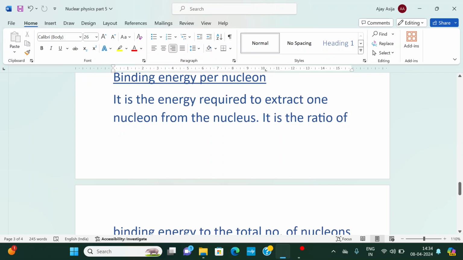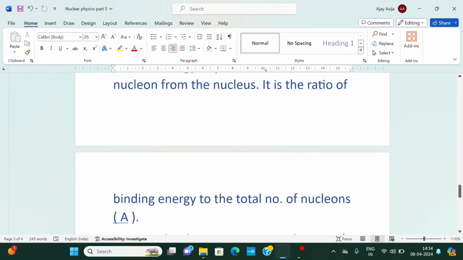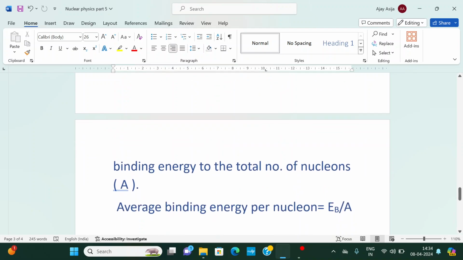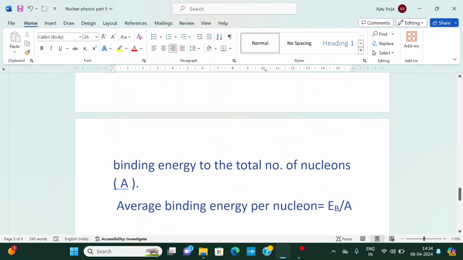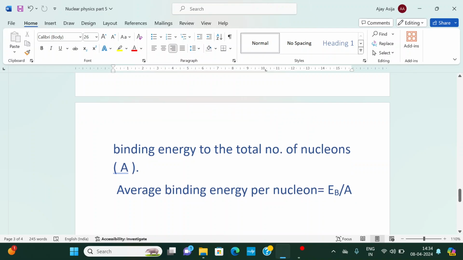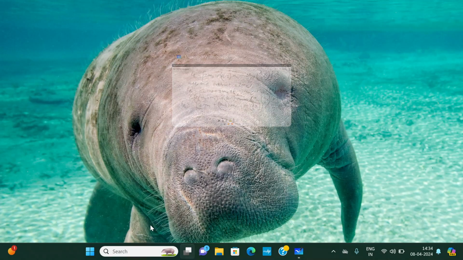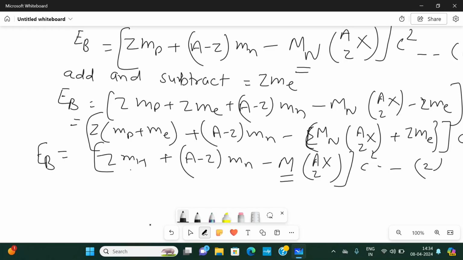It is the ratio of binding energy to the total number of nucleons, which is represented by mass number. So average binding energy per nucleon can be calculated by dividing E_B by A. So let us see how we can calculate average binding energy per nucleon using binding energy.